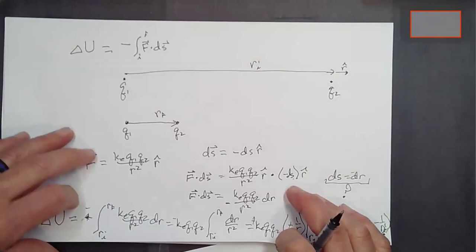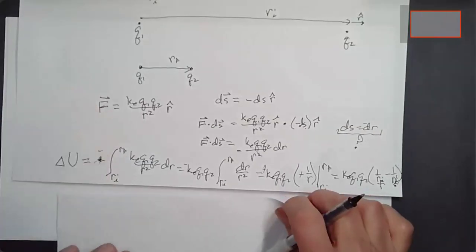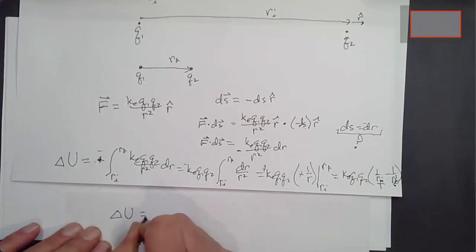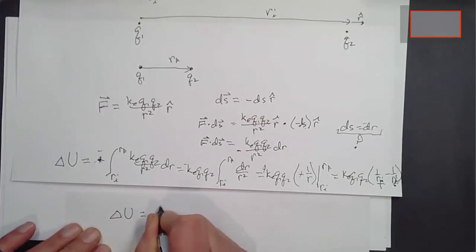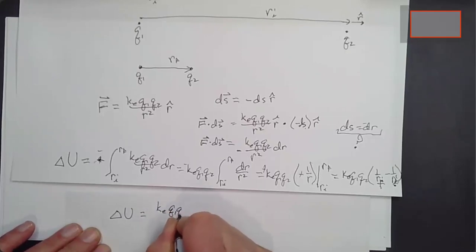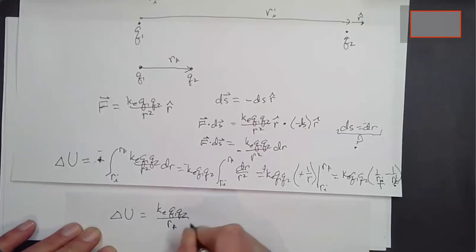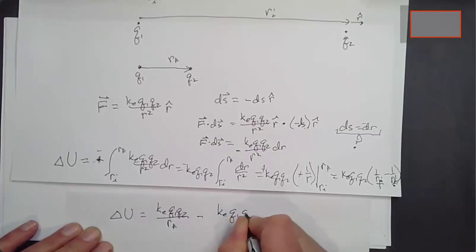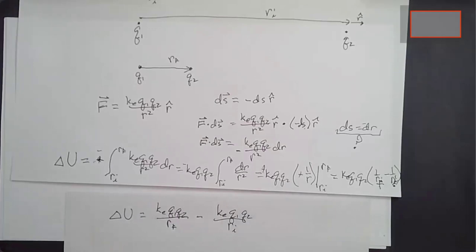Slide this up a little. See if the delta U makes more sense in this case. I'd end up with K sub E, Q1, Q2 over R final minus K sub E, Q1, Q2 over R initial.